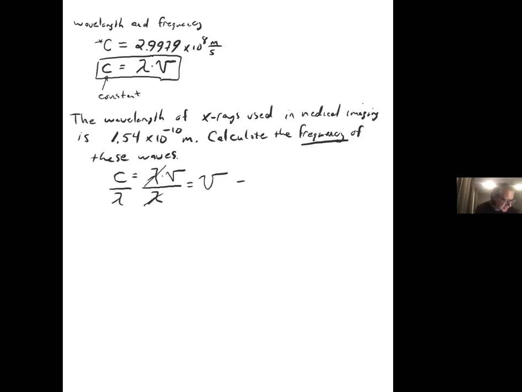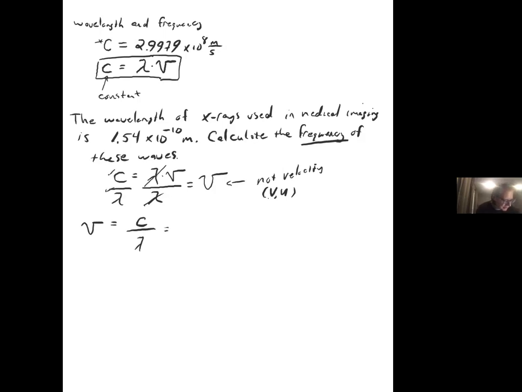Okay, be careful, this is not velocity. If we're going to use velocity, we'll use either a V or a U. But if we're going to do frequency, we're going to use a nu. Okay, so that means the frequency is the speed divided by the wavelength, right? Speed over wavelength.